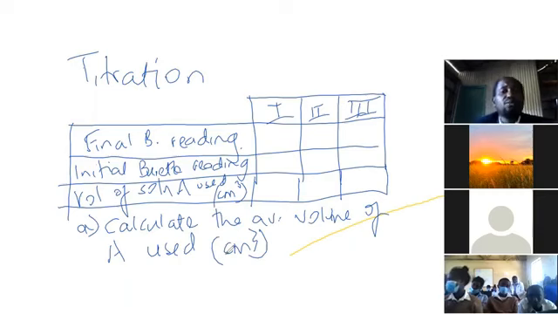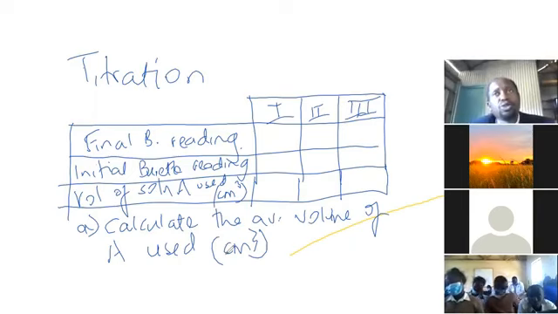Calculate the average volume of solution A, solution B, whatever letter assigned to the solution used, you'll be told to calculate the average volume. Now it's important we know how to work smart and always score in this titration table.